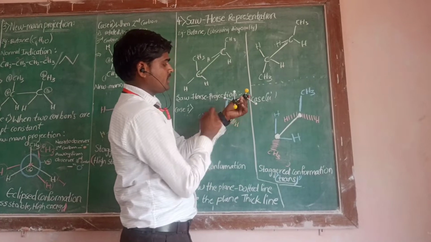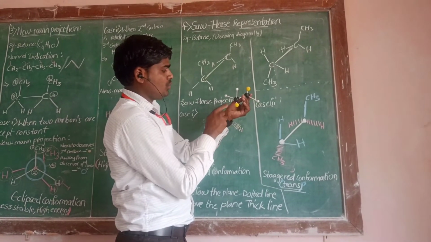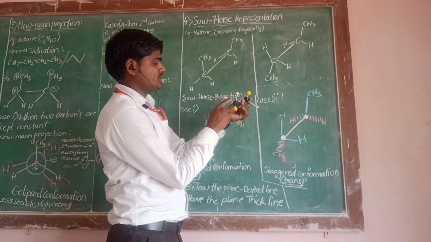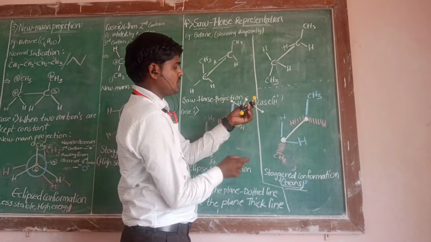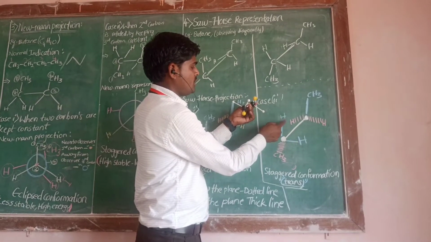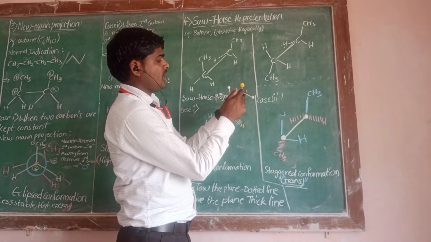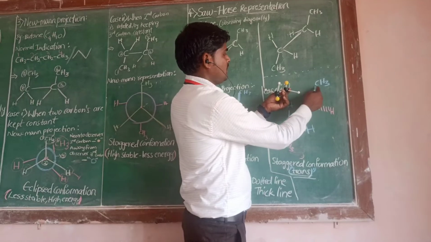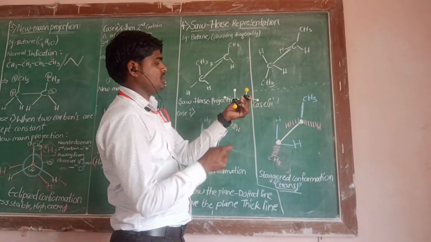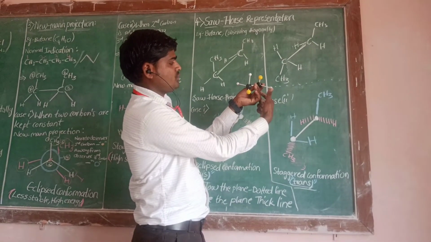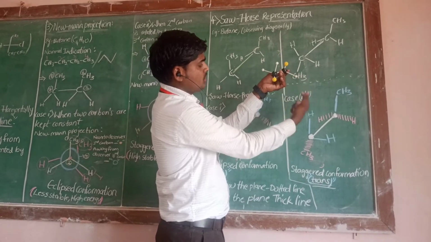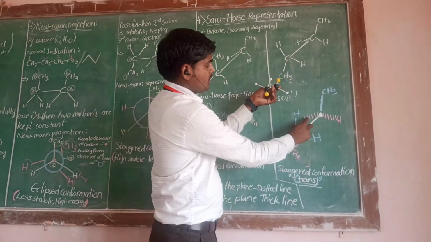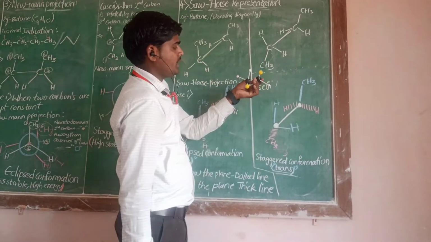The methyl attached to the second carbon is below the plane, shown with a dotted line, and the two hydrogens on the second carbon are in the above position, shown with normal lines. The methyl group on the third carbon is in the above position, shown as CH3 with a thick line. The two hydrogens on the third carbon are below the plane, shown with dotted lines, one on the right-hand side and one on the left-hand side.